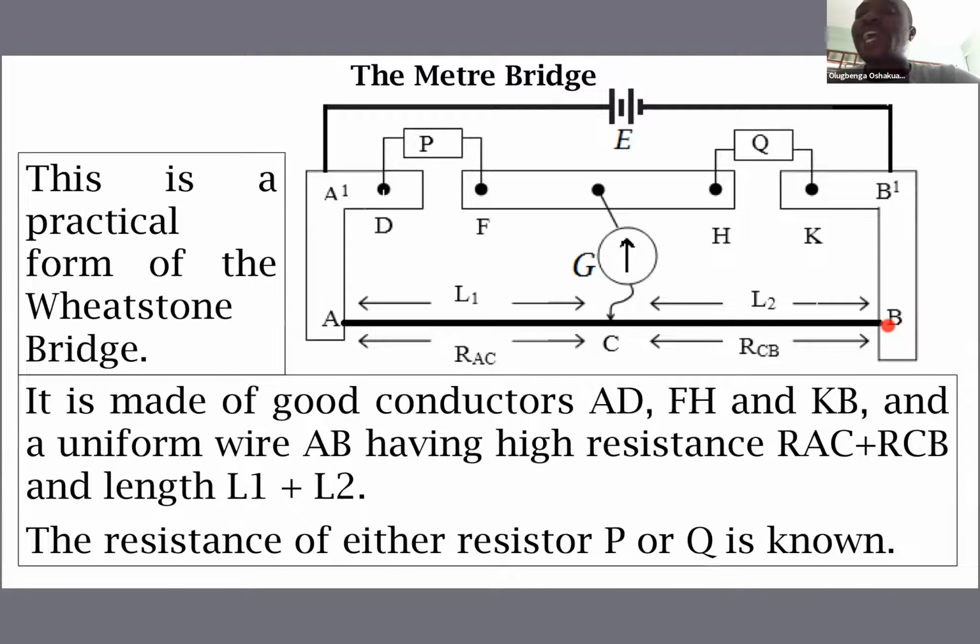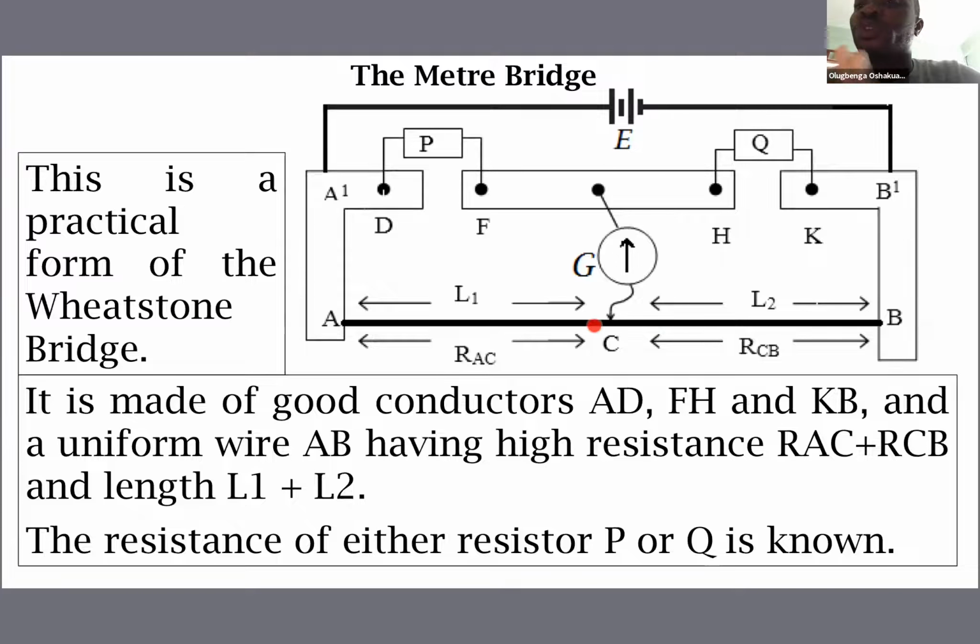And between A and B is a meter of wire. It's a meter of high resistance wire, usually Constantan wire, the wire you find on the meter bridge in the laboratory. So if it's a meter bridge, that means the length is 1 meter, and 1 meter is 100 centimeters. So if you take your L1 to be 40 centimeters, then you surely know that L2 will be 100 minus 40.